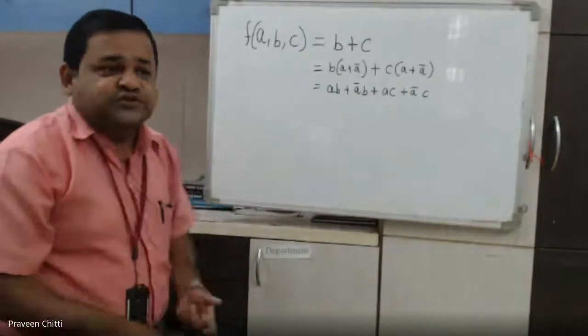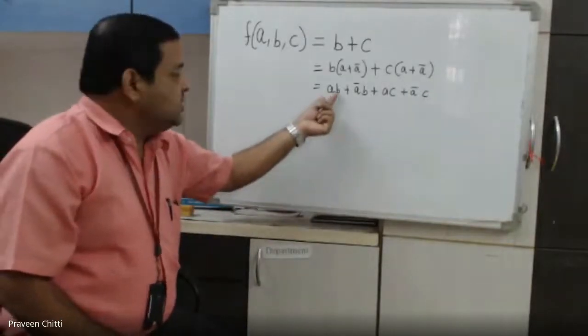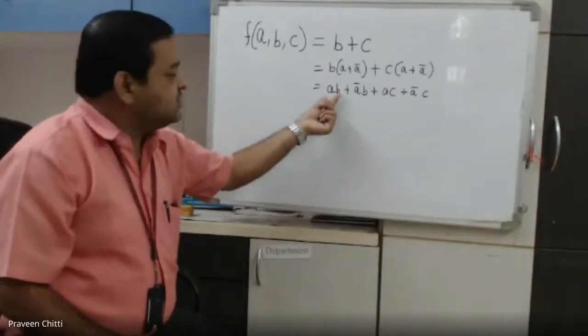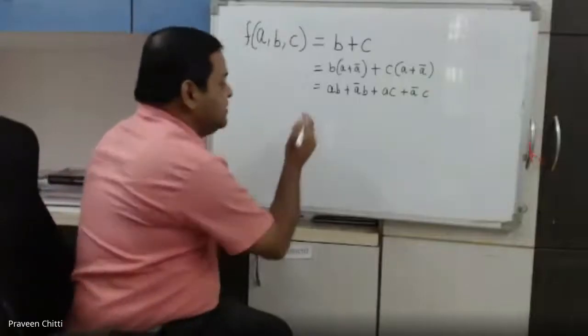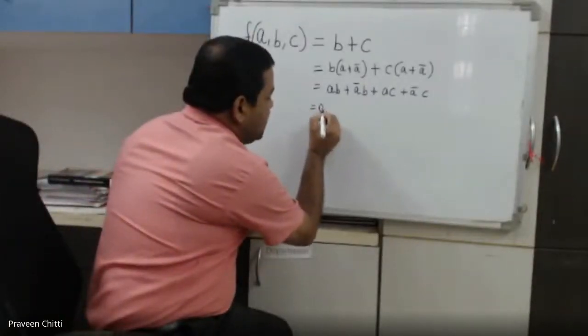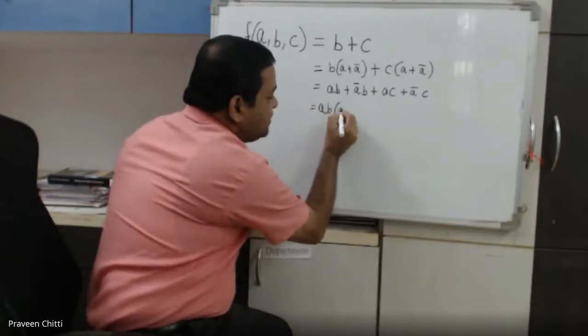Now take each of these terms individually. In the first term, AB, what is missing? C. So I write AB into C plus C bar.